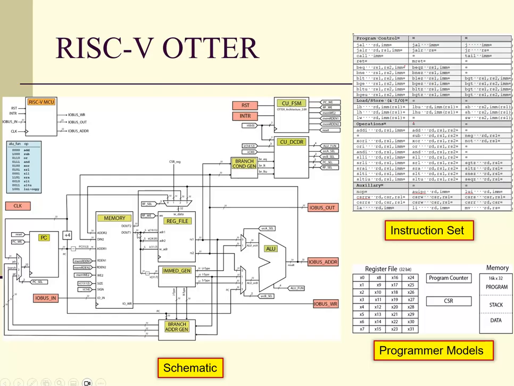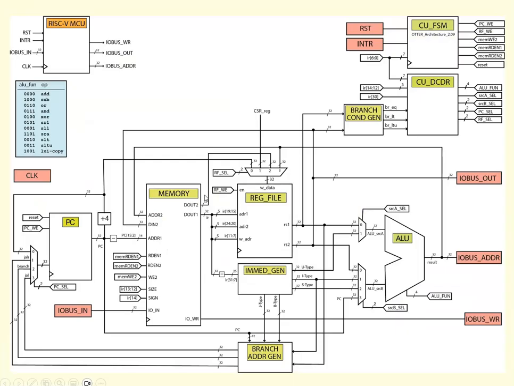Not a lot, but we're basically focused on programming in this class. And once again, this is the instruction set. I could use the instruction set to control the hardware listed in the programmer model. And this is the entire schematic right here. And that's just the schematic over again. And essentially, folks, that's it.